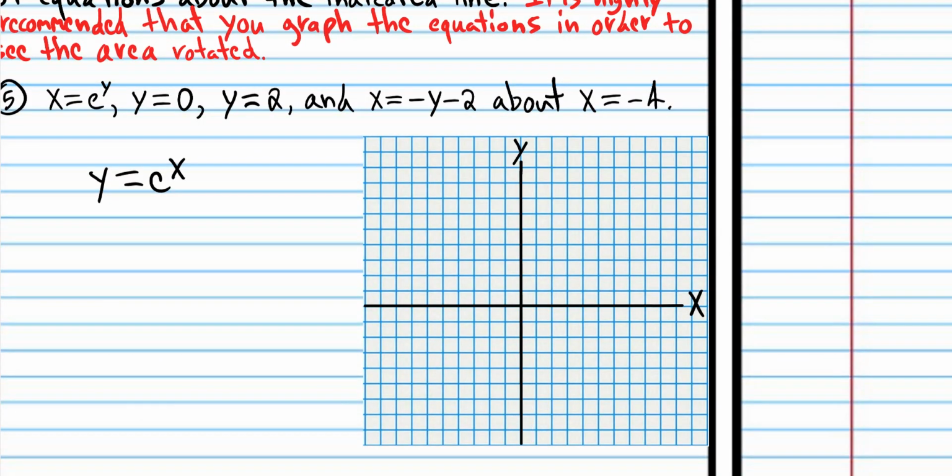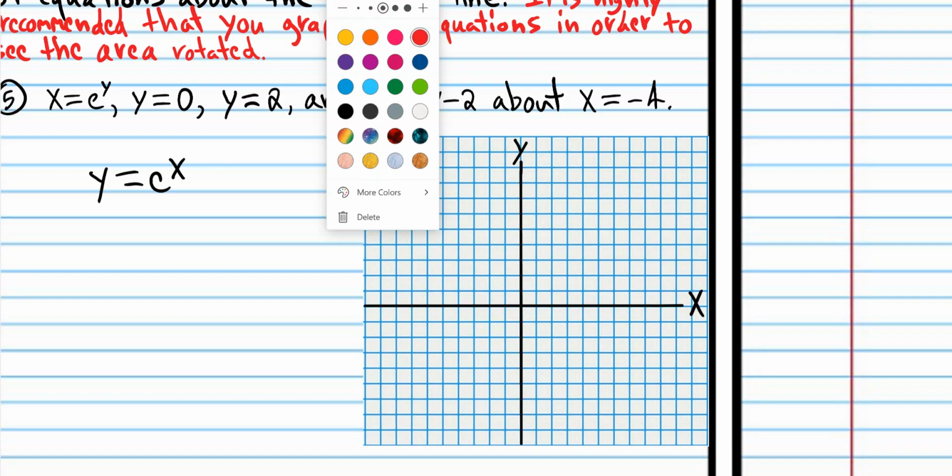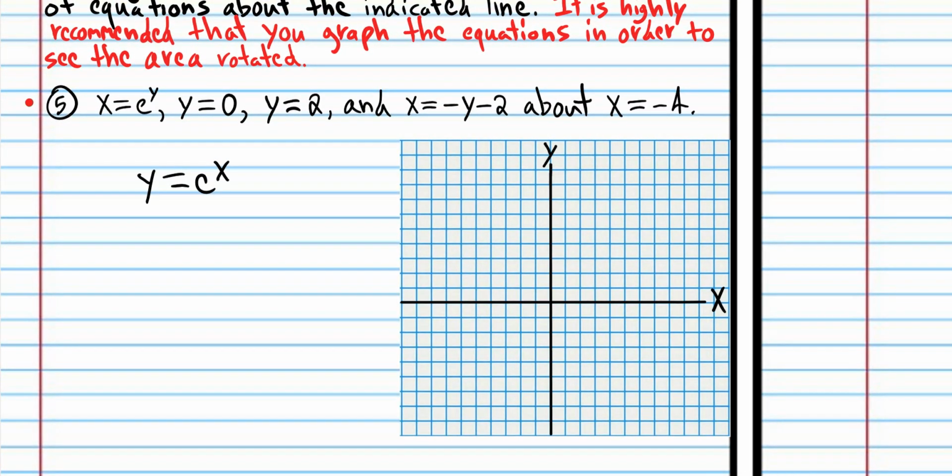But we need to be more precise, so I'm going to plug in 0 for y, and we get 1 for x. We can plug in 1 for y, and we get whatever e to the 1 is, and you can look on your calculator for that. That's going to be 2.718.